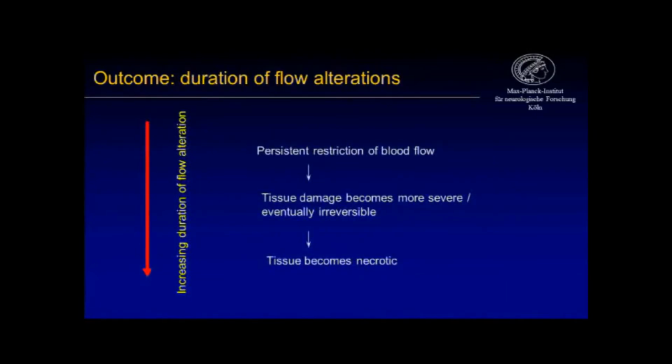As for the duration of this blood flow disturbance, you start with a persistent restriction of blood flow, and as time goes on, you get tissue damage, and this becomes more severe. It spreads into what I showed you in the beginning, the penumbra region, and it eventually becomes irreversible. This means the cells die and the tissue becomes necrotic.